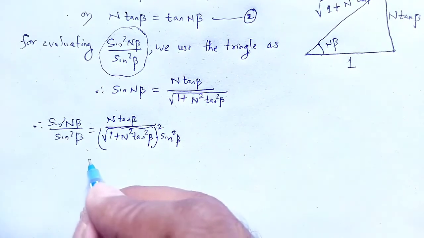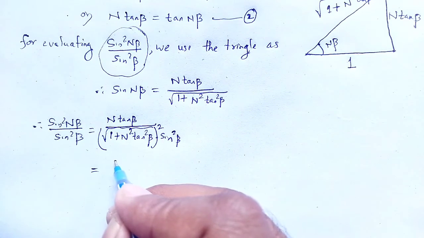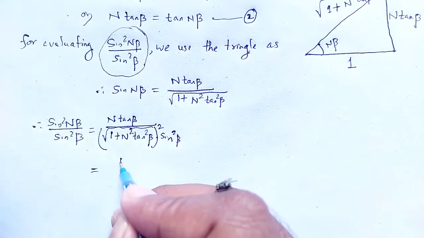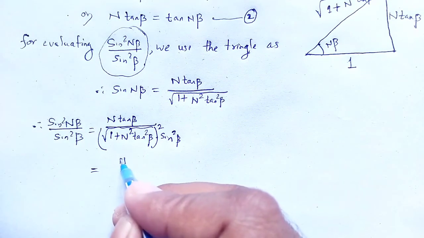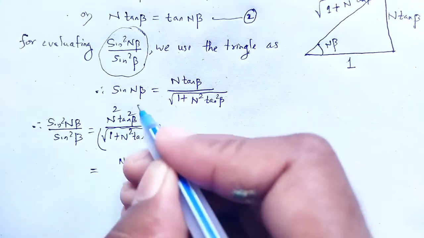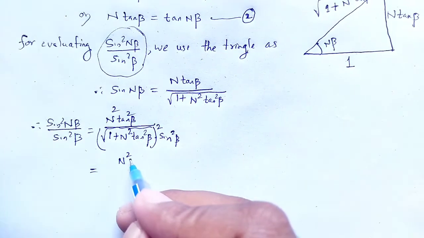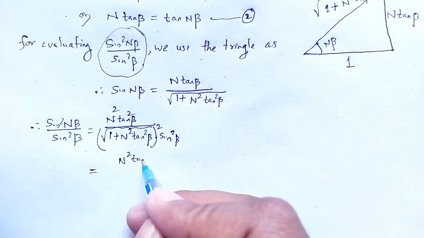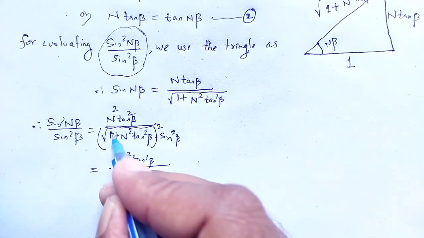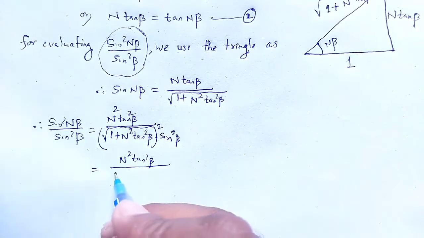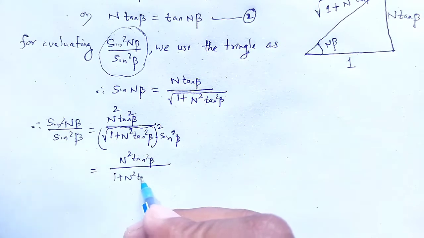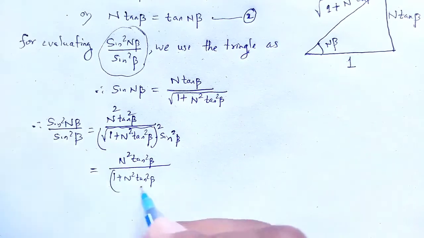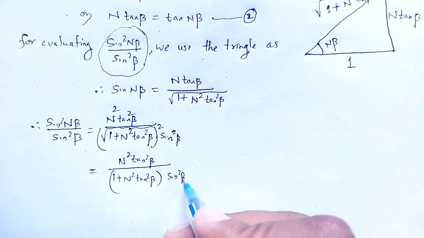Here we have n square tan square beta divided by 1 plus n square tan square beta into sin square beta.